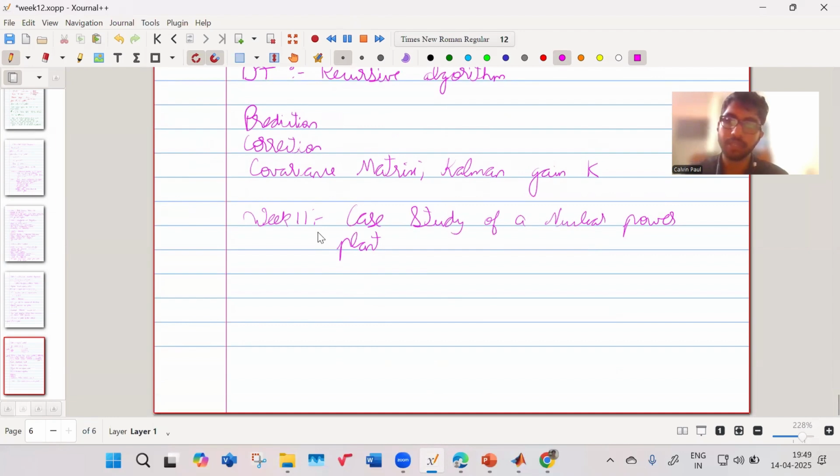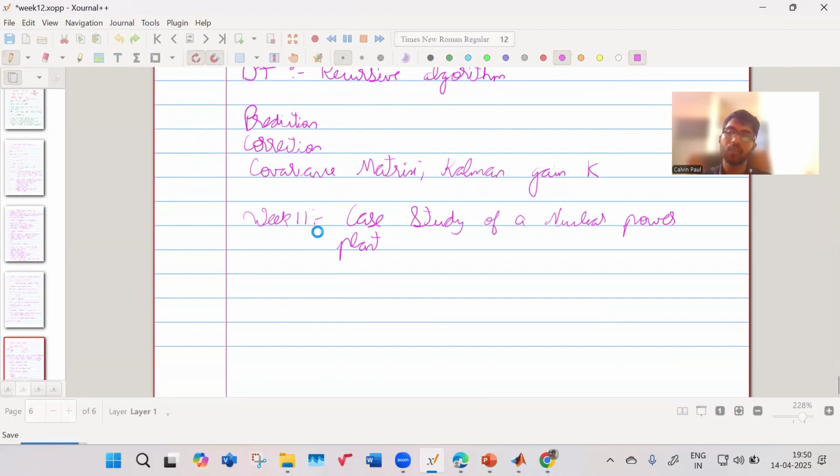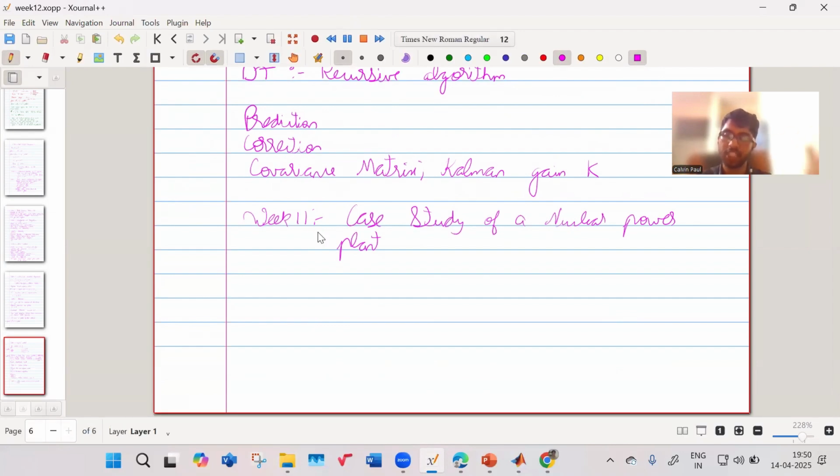Sir elaborated various details about the nuclear power plants in India: how they are used for research and for production of electricity, how many are commissioned and some decommissioned, the various types, heavy water based or normal water based, what control rods are used, and what materials are used for fission reactions. The number of neutrons is around 2 to 3, and about 200 mega electron volt of energy is generated in nuclear fission.